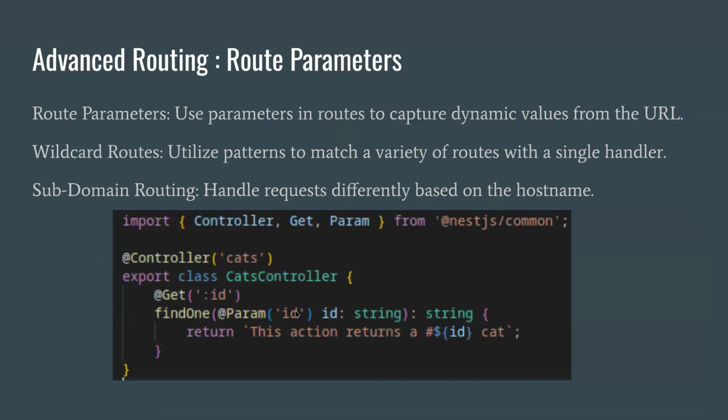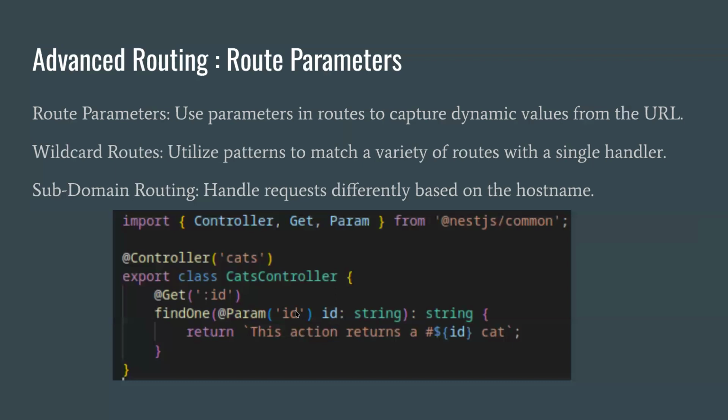Advanced routing, route parameters. NestJS also supports advanced routing techniques. You can define route parameters directly in your route path to capture specific values from a URL, like an ID.